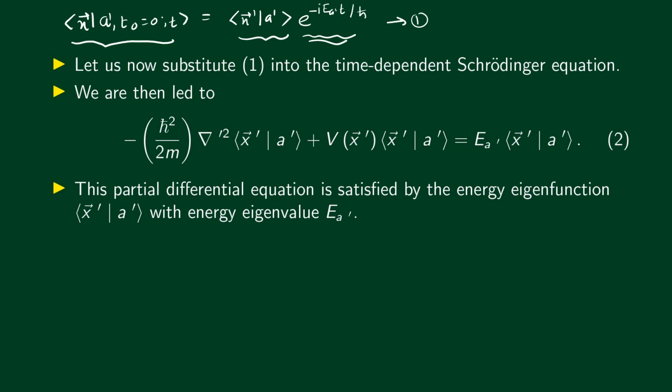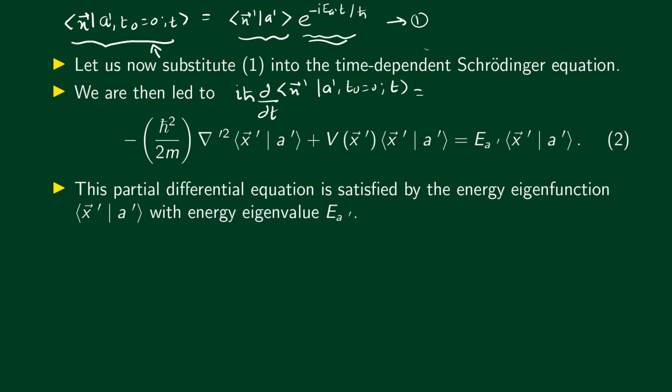Now let's substitute this into the time-dependent Schrodinger equation. If you want to write the time-dependent Schrodinger equation for this wave function, it would look like this. Let me write it here. i h bar partial derivative with respect to time of bra x vector prime ket A prime, t0 equal to 0, at time t.